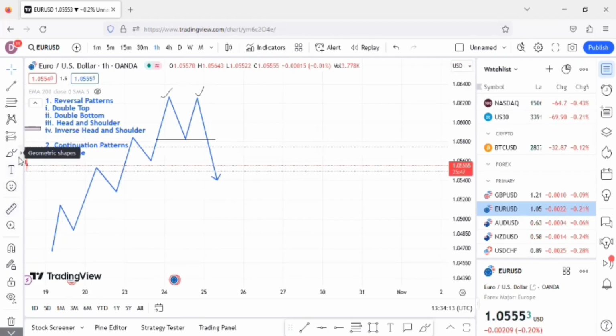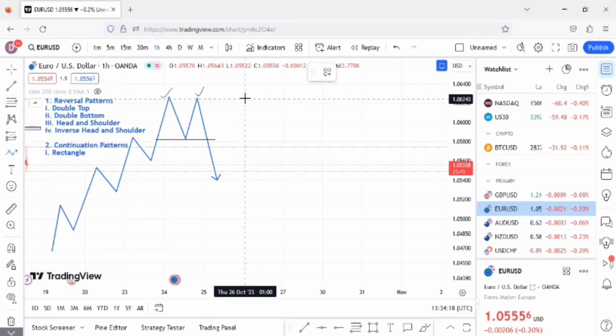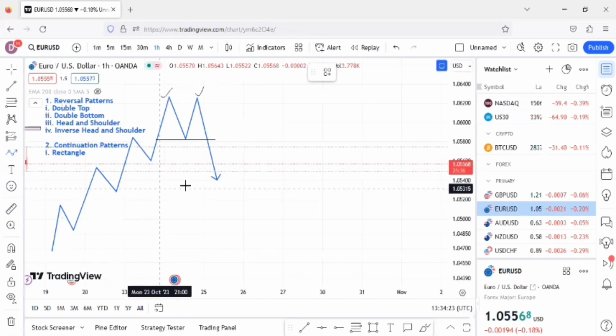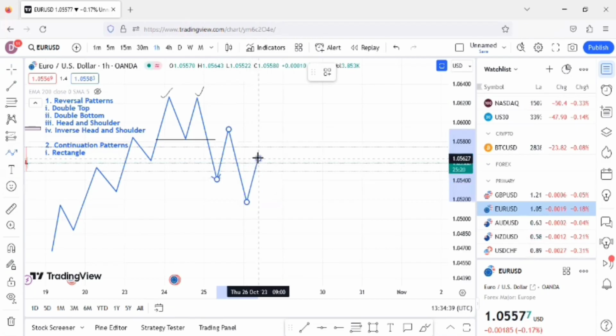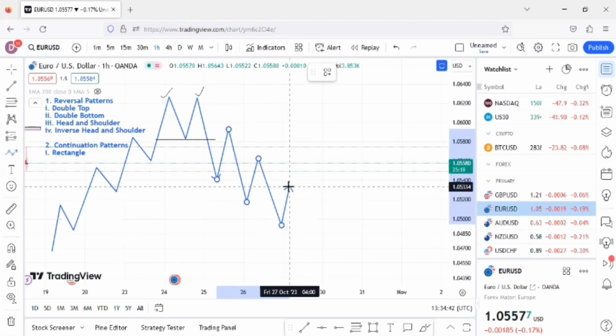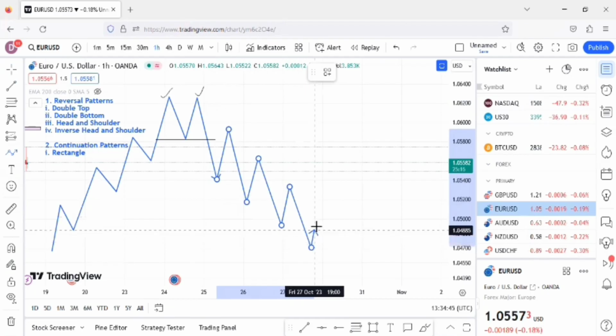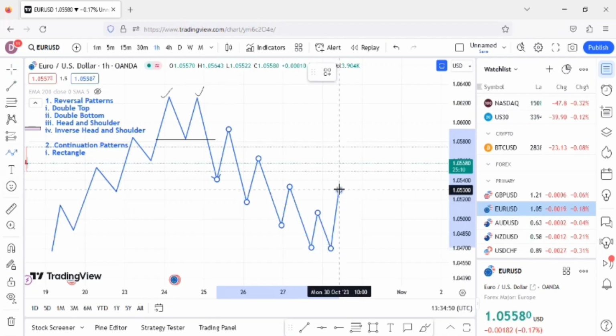For example, you are having a lower high, lower low, lower high, lower low, lower high, lower low, lower high, lower low, lower high, equal low, then break of structure.